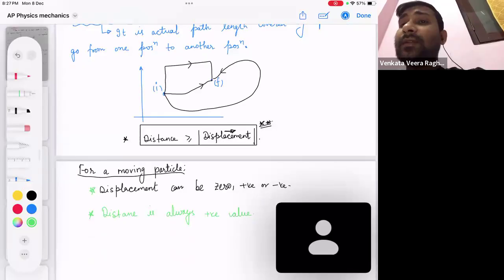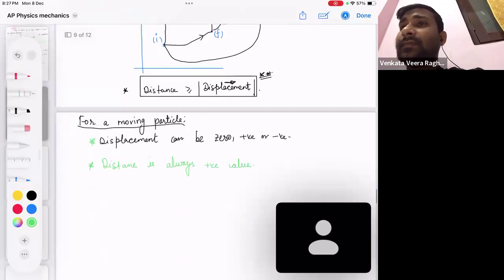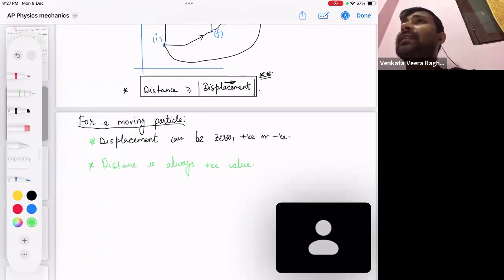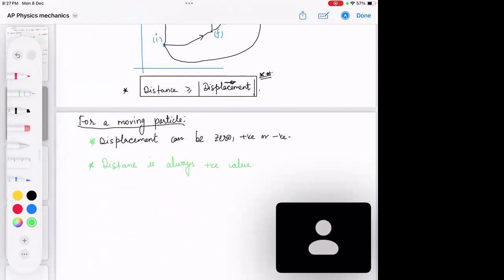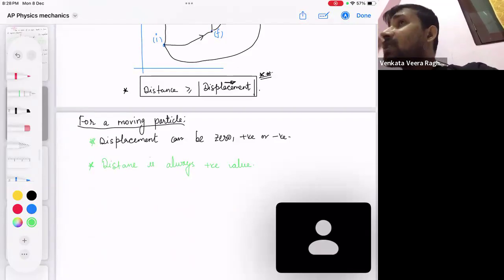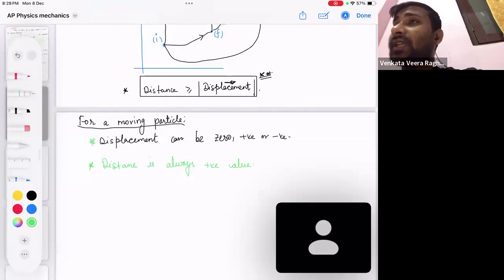And last thing, tell me about the distance and displacement. When will the distance be equal to the magnitude of displacement? When it travels in the shortest path, in a straight line. A particle traveling in a straight line, only in one direction, that doesn't come back.